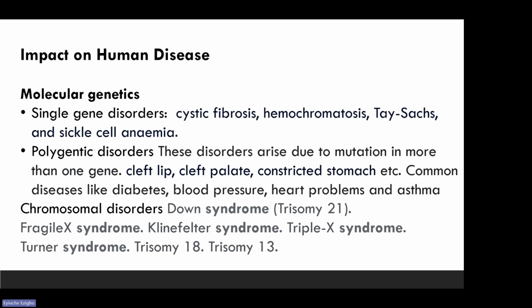Chromosomal disorders like Down syndrome, Fragile X syndrome, Klinefelter syndrome, Triple X syndrome, Turner syndrome, trisomy 18, trisomy 13. So these are some of the single gene and polygenic genetic disorders where molecular investigation can actually be precisely used to identify the disease or the condition.